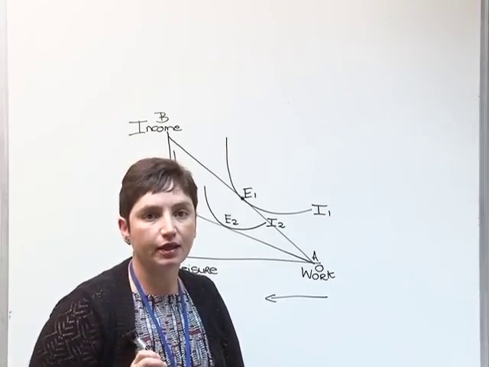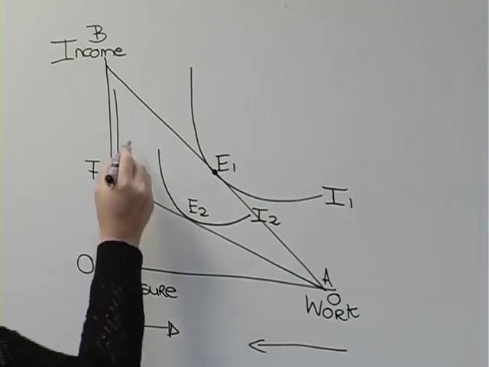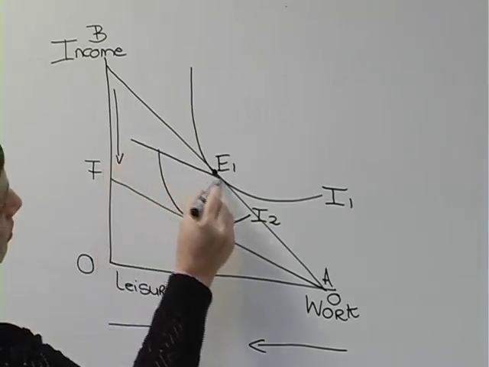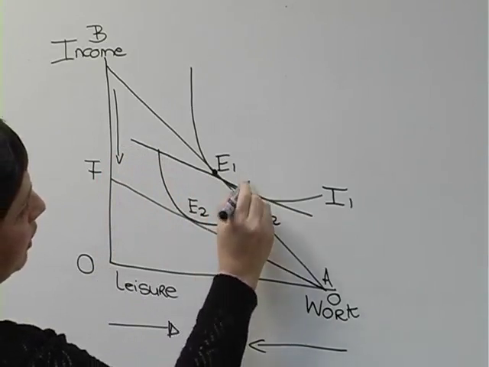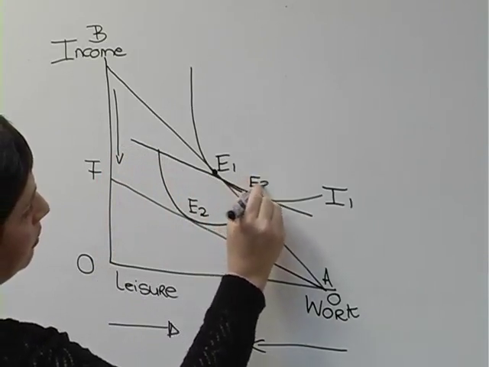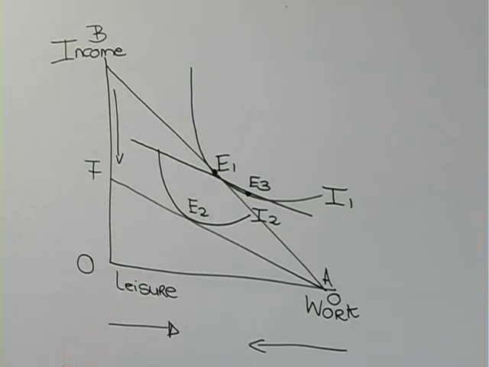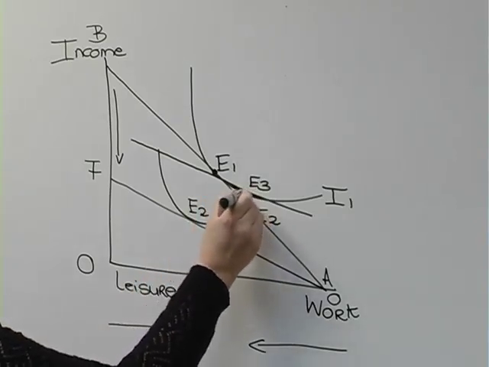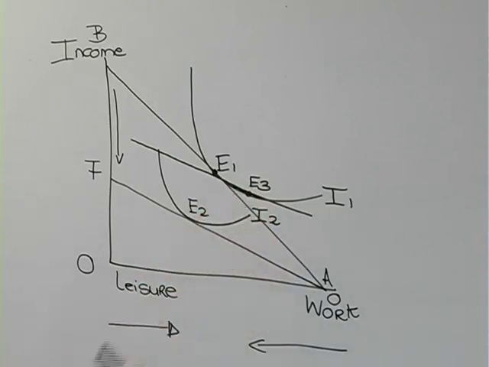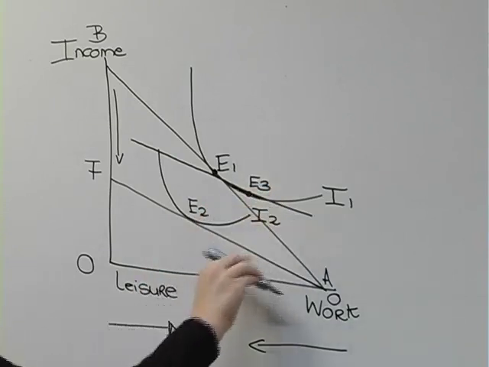To get the income effect, draw a line parallel, and there get another tangency point there, E3. So in this case, let me just make it clear, it's a tangent point supposed to be, and it should be parallel to that line.